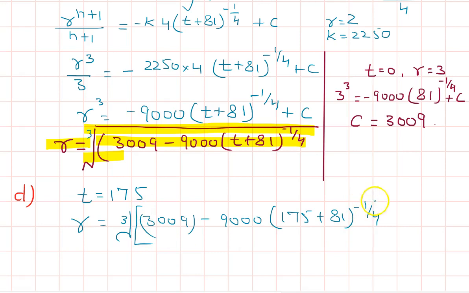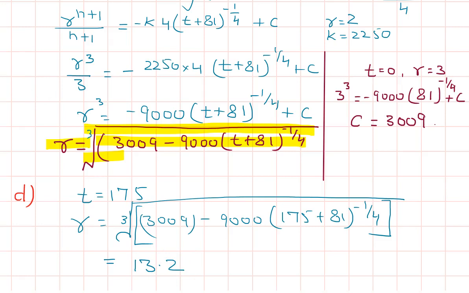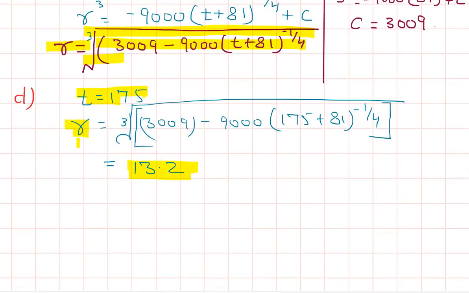So the cube root of all this. If you calculate, the value of r will be 13.2. When t is equal to 175, r is 13.2.